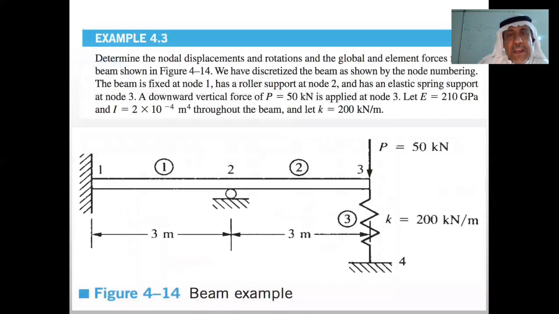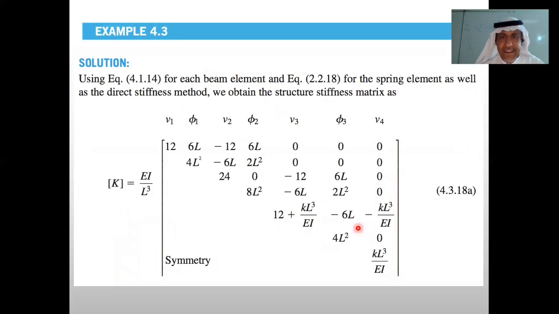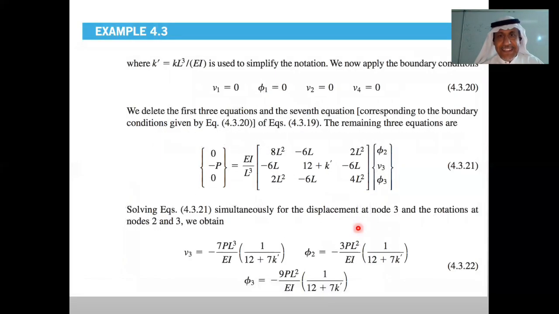This is 7 by 7. Out of this 7 by 7, what would you extract? 1, 2, 3 only? 3 by 3? Name them: phi 2, then v3, phi 3. That's it? Let's see if this is correct.